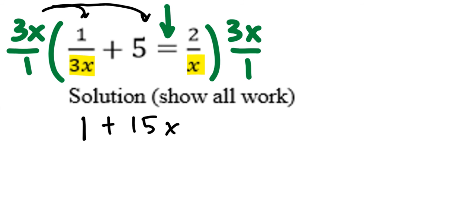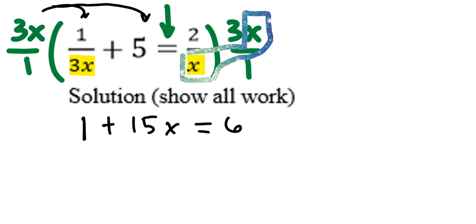Already I like how this looks. It looks a lot better than the original equation. Over on the right-hand side, I have a common factor: there's an x over an x, a giant 1. So I can eliminate that, and the only thing I'm left with is 2 times 3, or 6. So it equals 6 on this side.